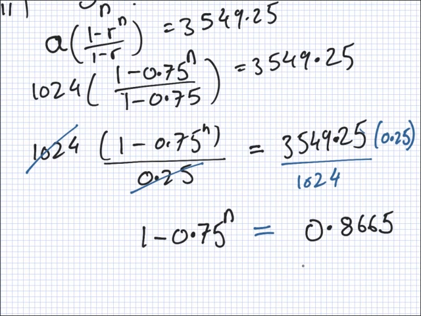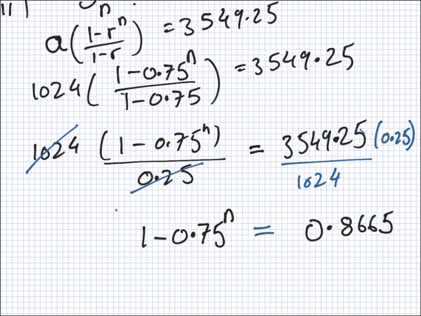So what should I do next? What happened to the other 1 minus 0.75? We put those together to make 0.25, we just cleaned it up a little bit.